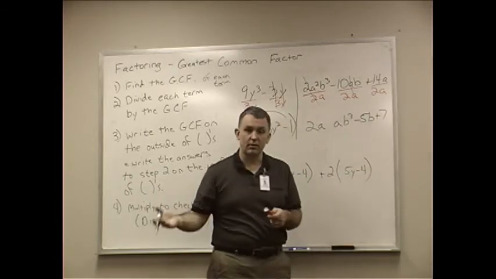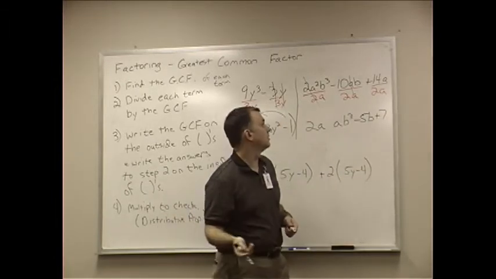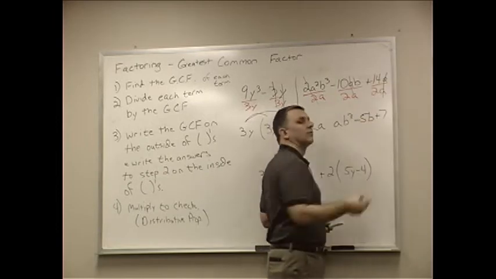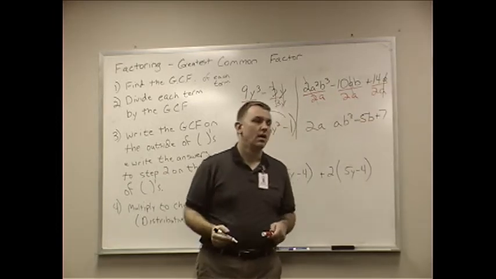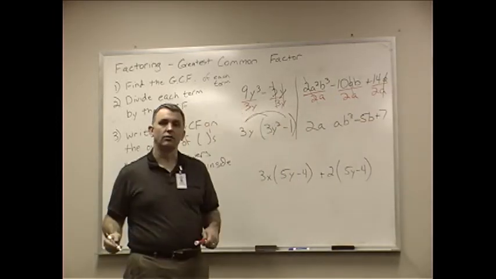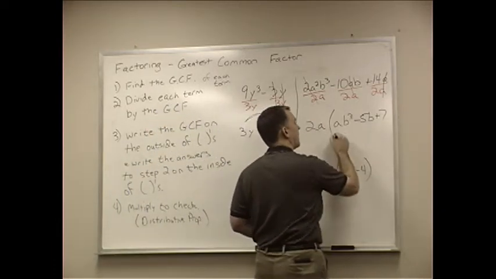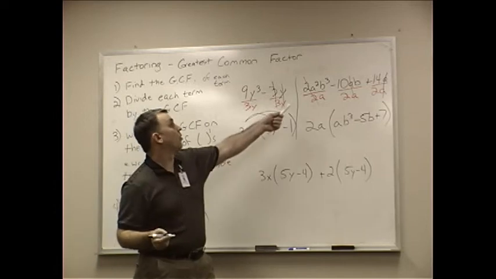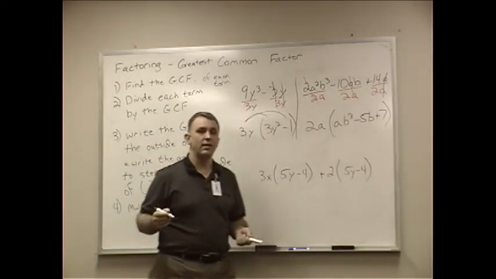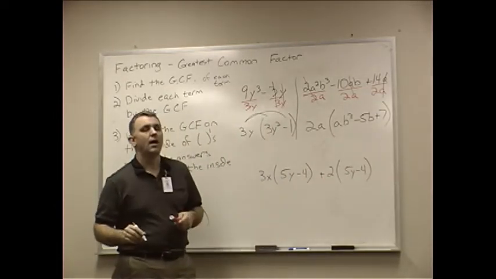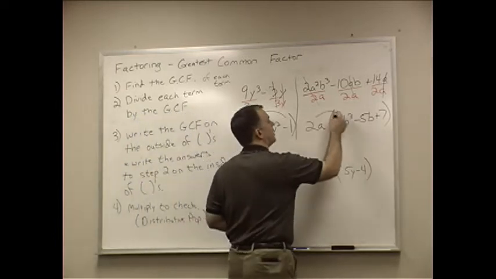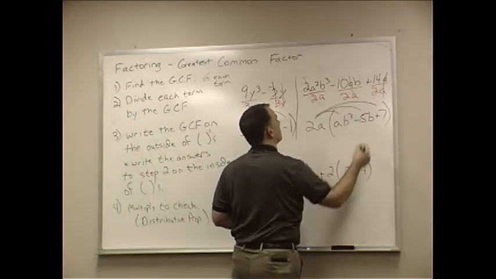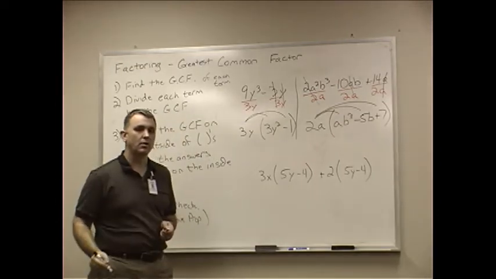Now, since it's positive 7, I'm going to write plus 7. And the a's cancel out nicely. Now, as you're probably getting used to doing, the greatest common factor is outside the parentheses, and the answers for all of those divisions go on the inside. If we want to check it, we just do the distributive property for each part.